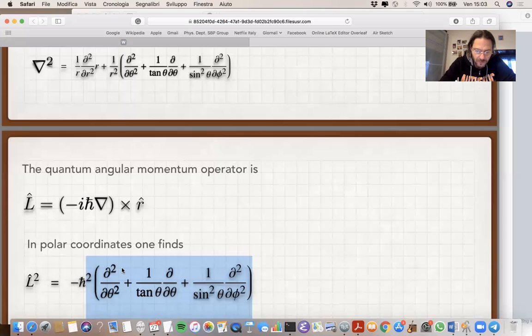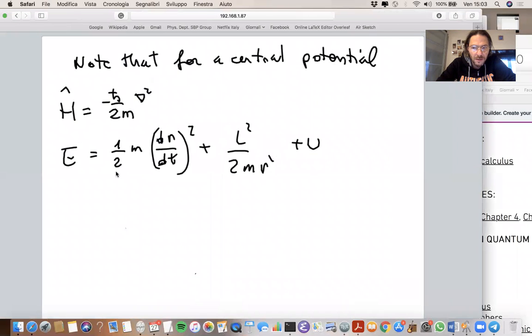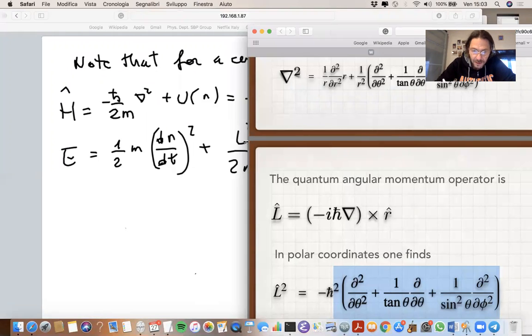Now, at a quantum level, we write the Laplacian operator plus the potential operator, and the Laplacian operator can be written essentially using this equation here as negative h bar squared over 2m, 1 over r, d squared by dr squared r, whatever comes next, minus h bar squared over 2m, L squared over r squared.